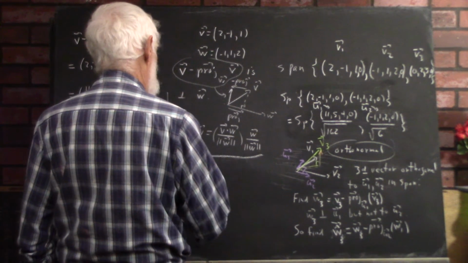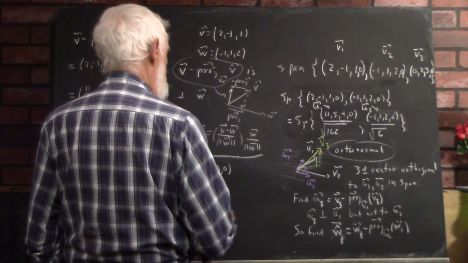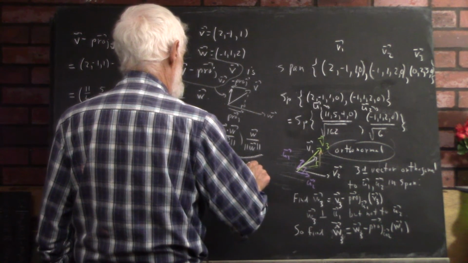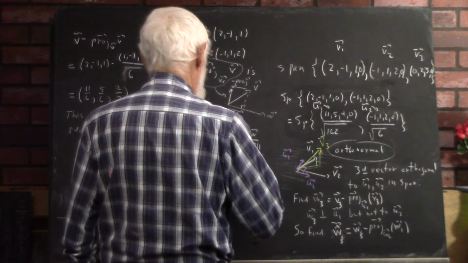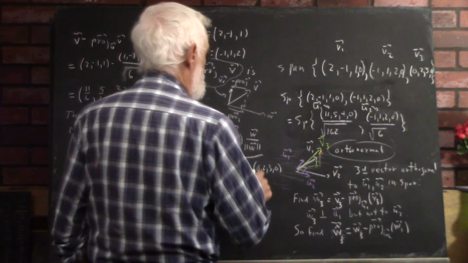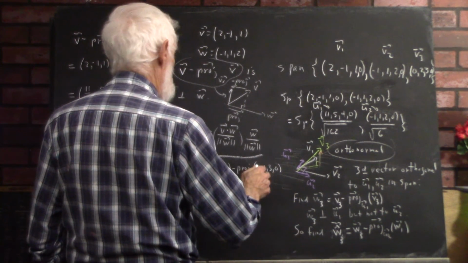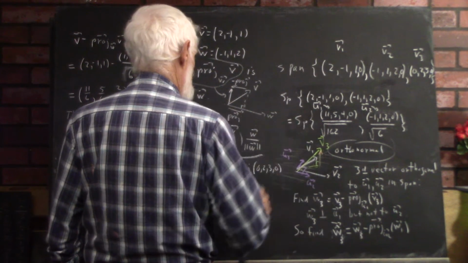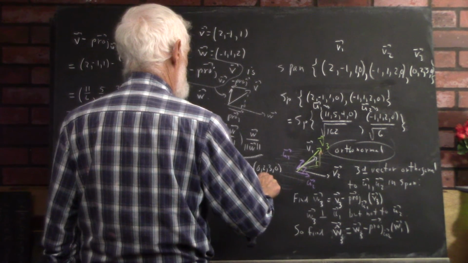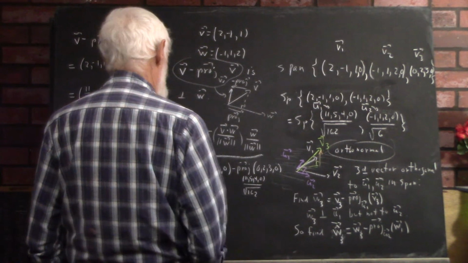It's going to be 0, 2, 3, 0 minus the projection of 0, 2, 3, 0 onto U1, and U1 is this vector, 11, 5, 4, 0 over the square root of 162.